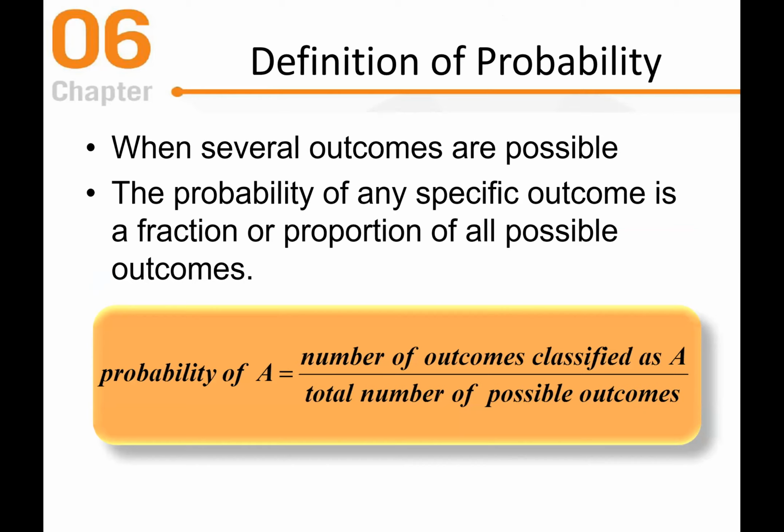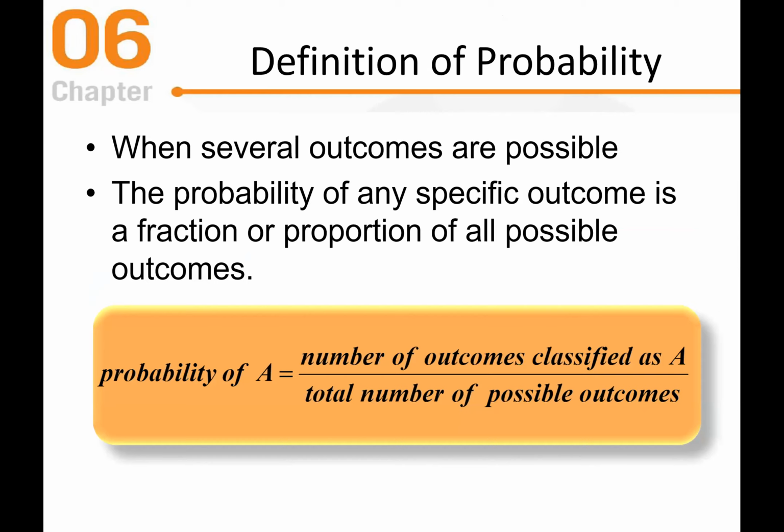So how are we defining probability? When several outcomes are possible, the probability of any specific outcome is a fraction or a proportion of all of the possible outcomes.